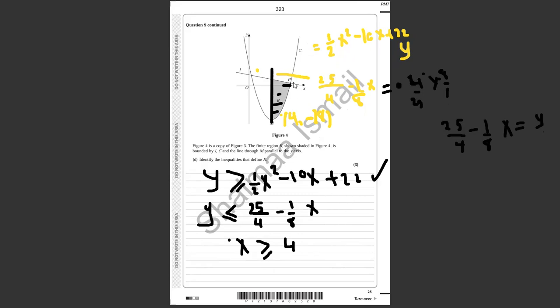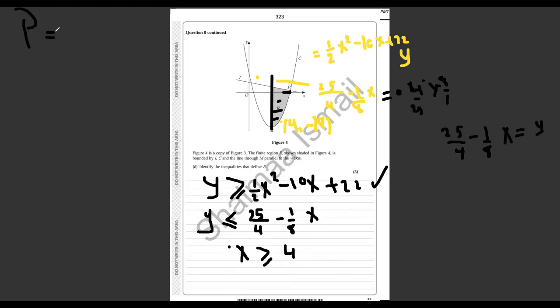Yes, here we have the coordinate of P. So P is equal to 18 on the x-axis and 4 on the y-axis, and the turning point M is equal to 10 and negative 28.